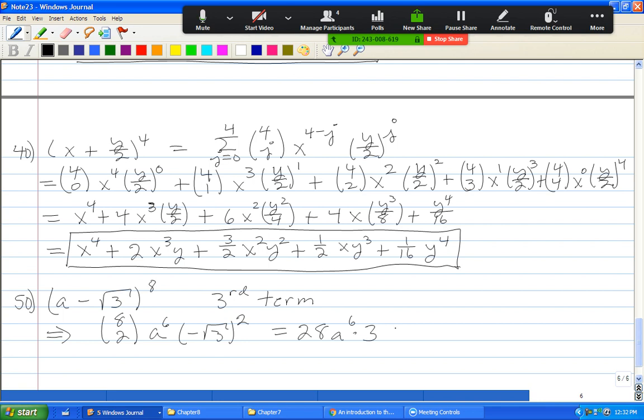So that's just a 3. And so 3 times 28 is 84. And so the third term in this expansion is 84a to the 6. Okay, good.